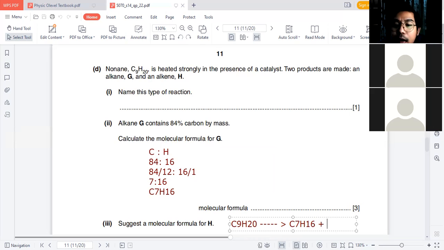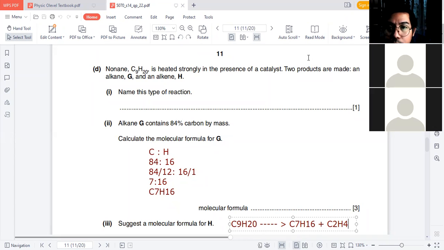So what's left is C, 9 minus 7 is 2, right? C2, H, 20 minus 16 is 4. That's it. So is it good? Yes, that's good.